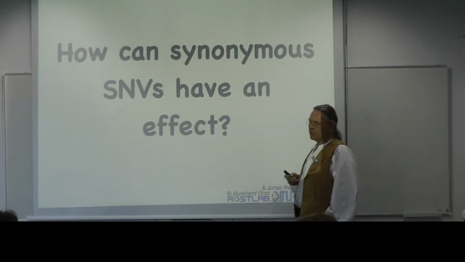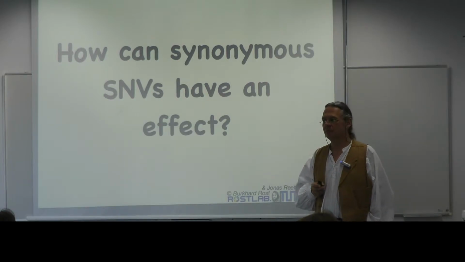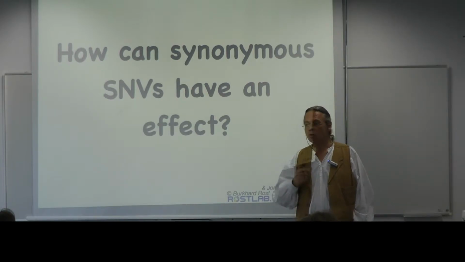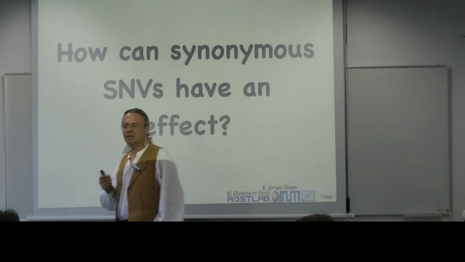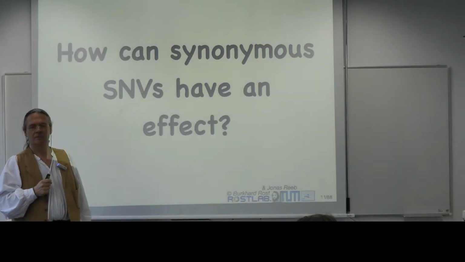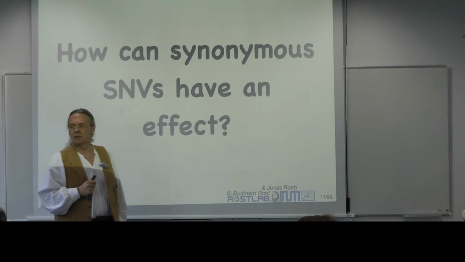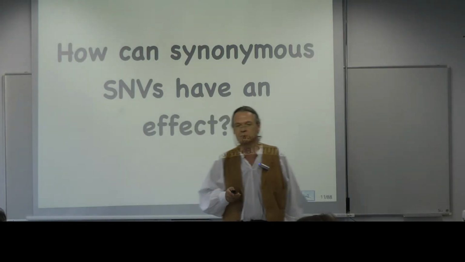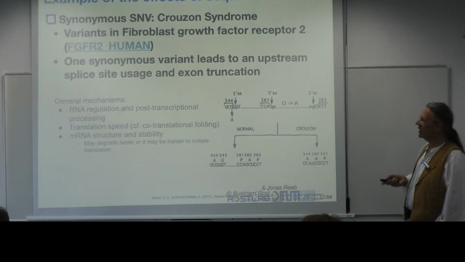How can synonymous SNVs have an effect? So those SNVs that in fact do not change the amino acid sequence, how can they still have an effect? There's a variety of mechanisms. Maybe translation efficiency? Yes, that's one. So the way things are expressed is changed simply through changing the signal.